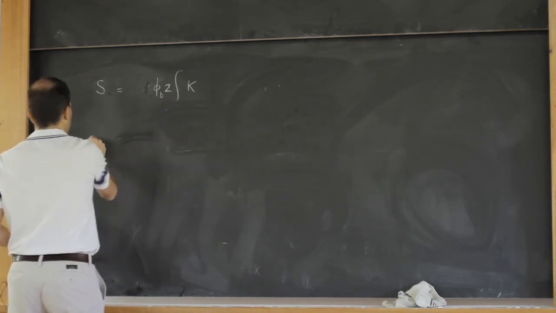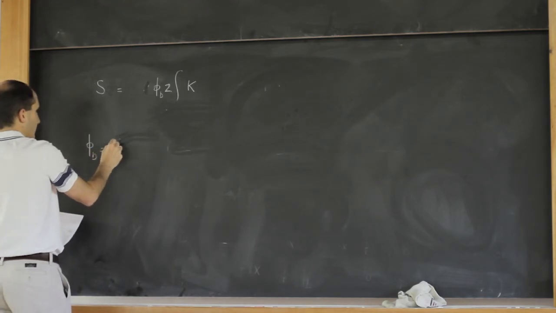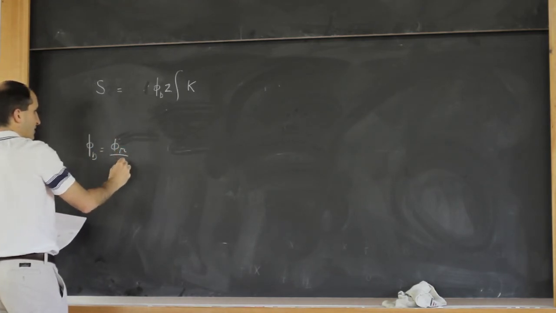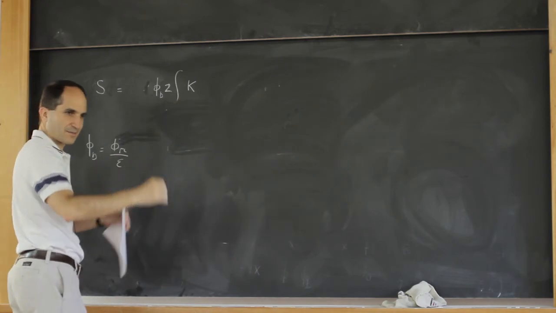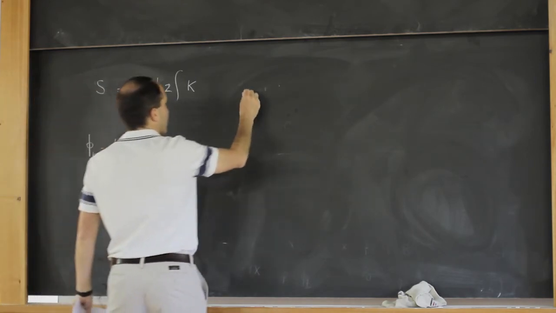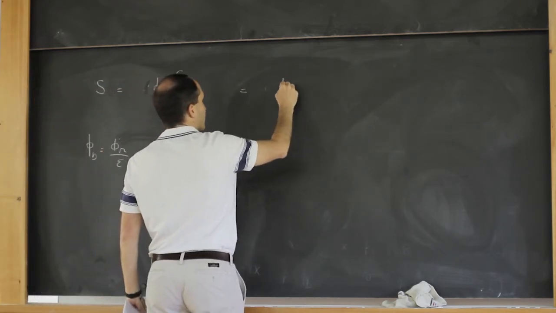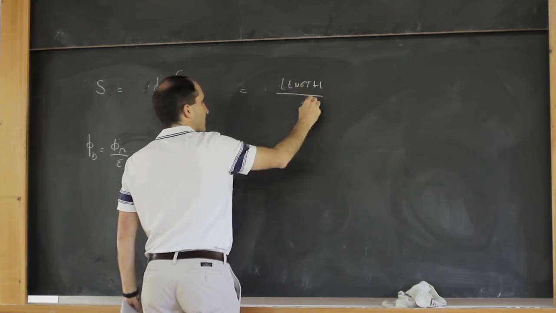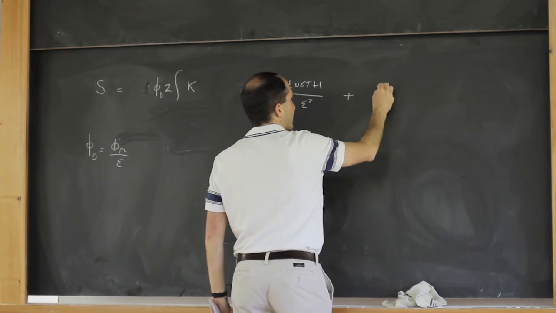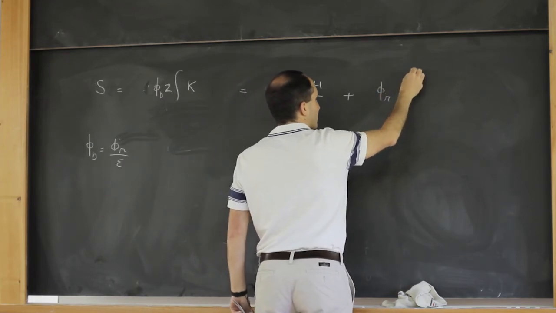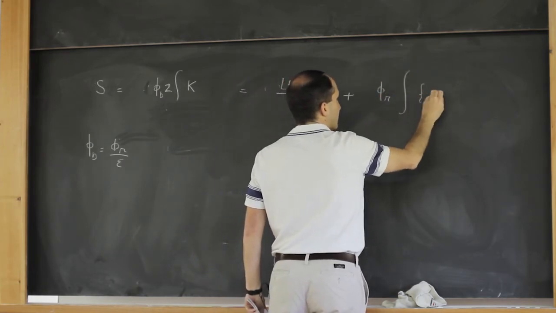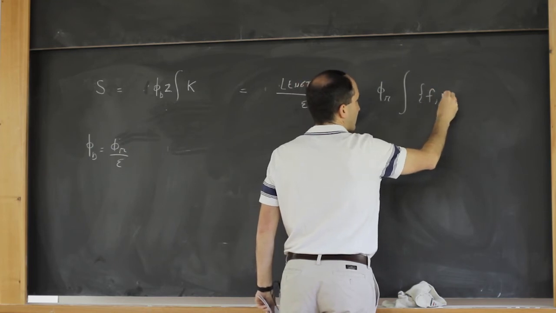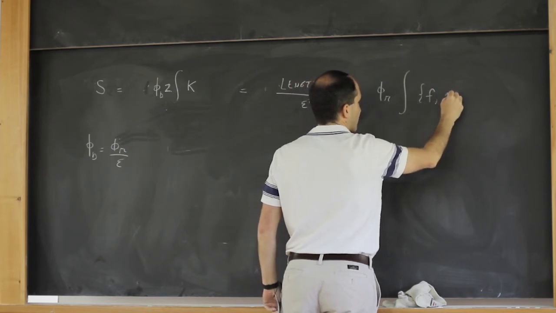Remember that phi b, we are taking it to be some phi r over epsilon, right? So we're putting the boundary at some big epsilon. And so there will be some term that goes like the length of the boundary over epsilon squared, and then a term that goes like phi r times the Schwarzian of that transformation f, and the proper time on the boundary, which we can call u.